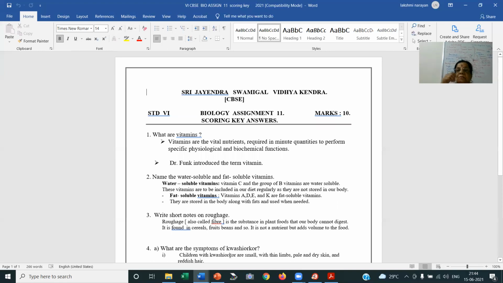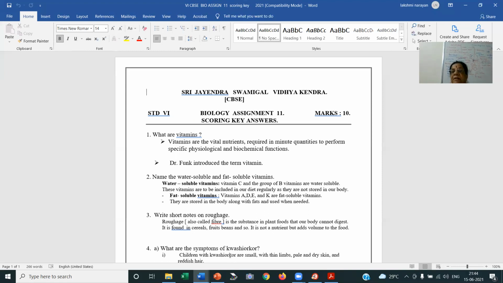Then assignment number 11: vitamins and minerals. What are vitamins? Vitamins are the vital nutrients required in minute quantities to perform specific physiological and biochemical functions.